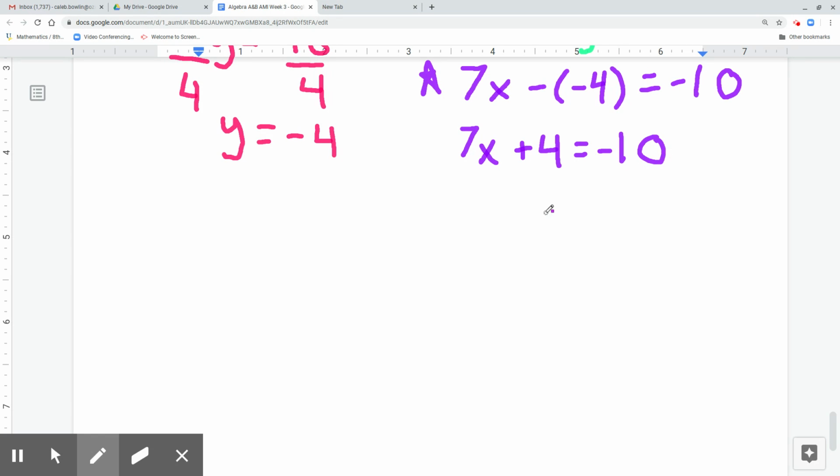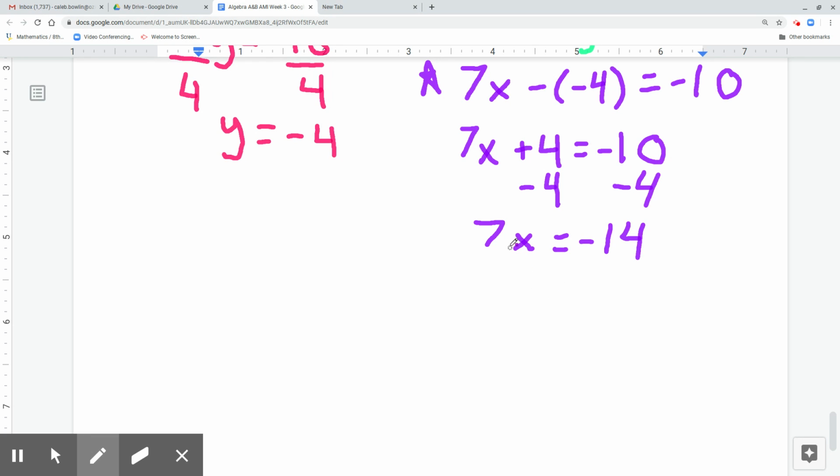Now I can use inverse operations. The first number we need to get rid of is the 4, since we get rid of adding and subtracting numbers before multiplying. So we are going to subtract 4 from both sides. And we will have 7x is equal to negative 10 minus 4, which gives me negative 14.